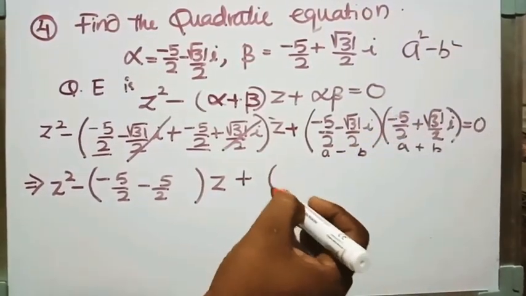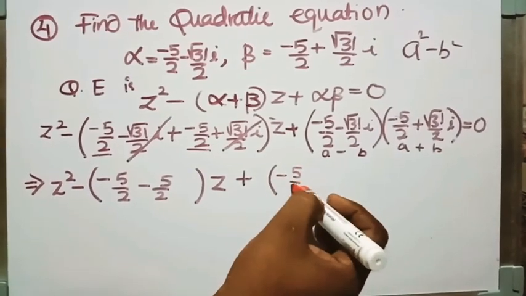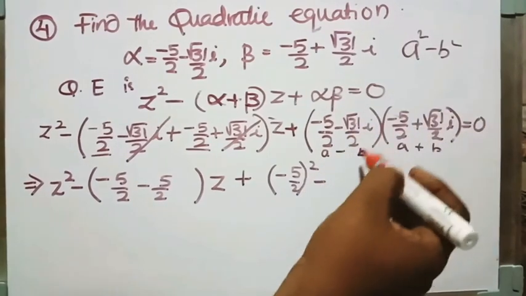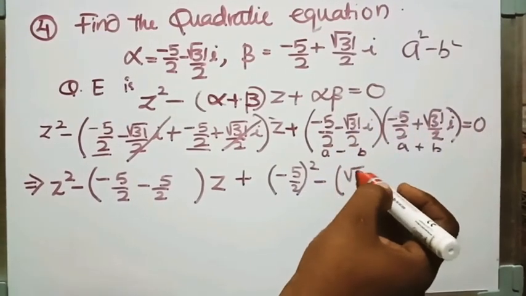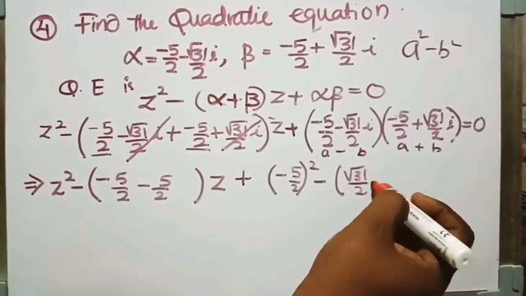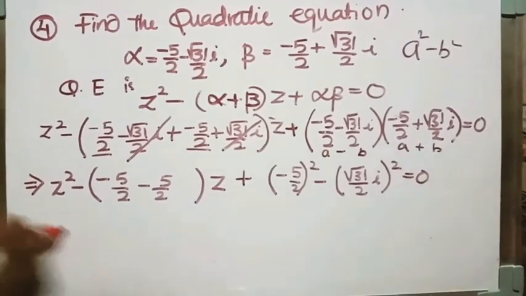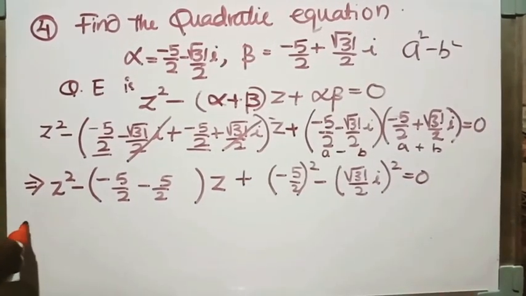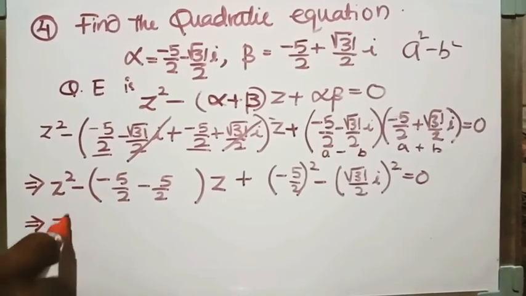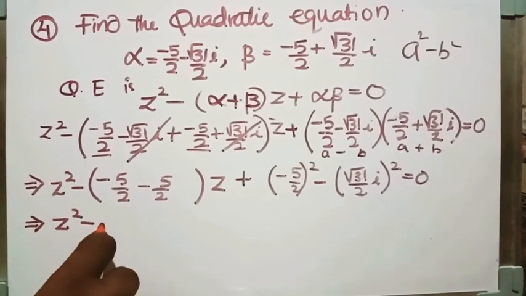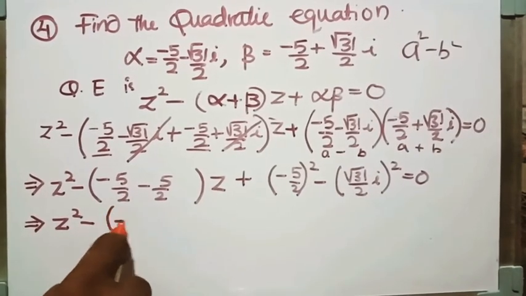So we get minus 5 by 2 squared minus b squared, that is root 31 by 2i squared, is equal to 0. That is z squared minus, minus 5 by 2 minus 5 by 2 is minus 10 by 2, that is minus 5 itself.